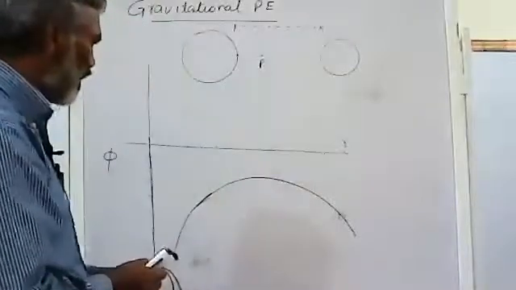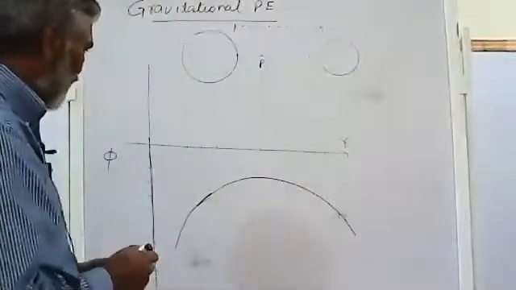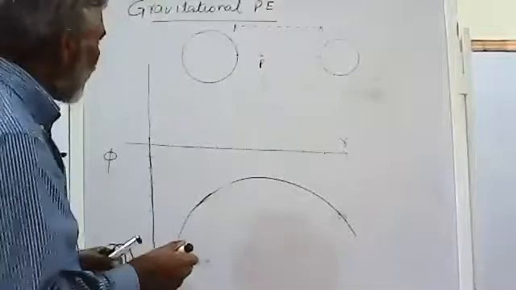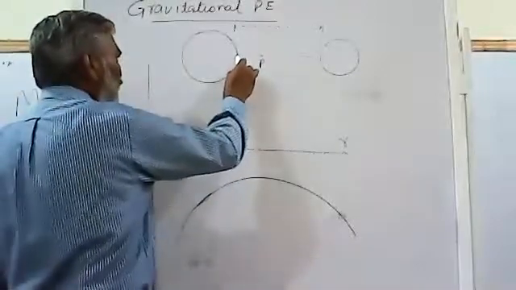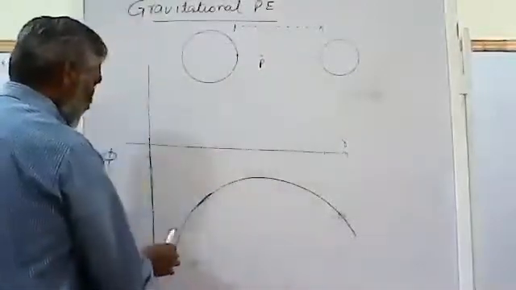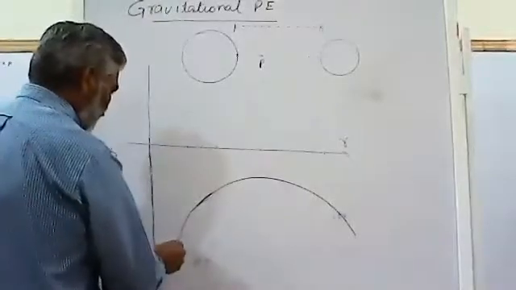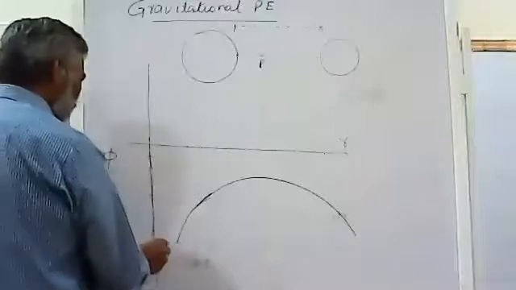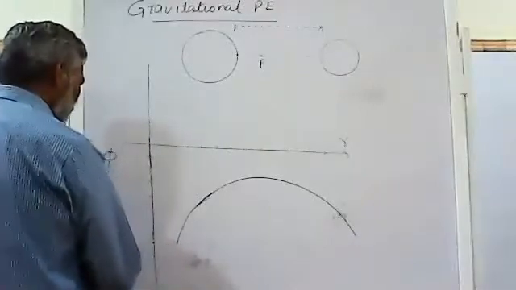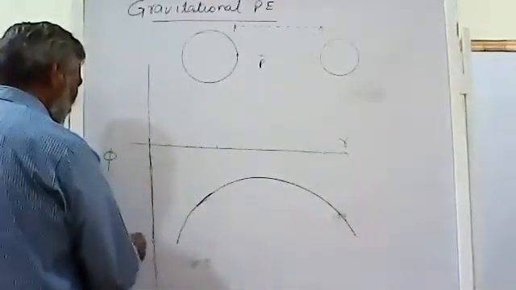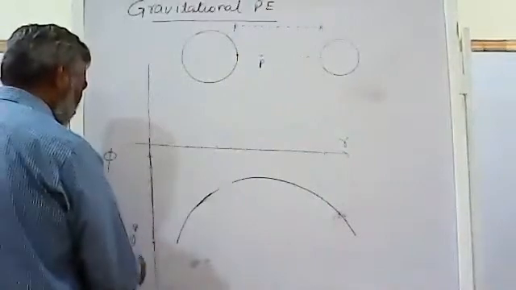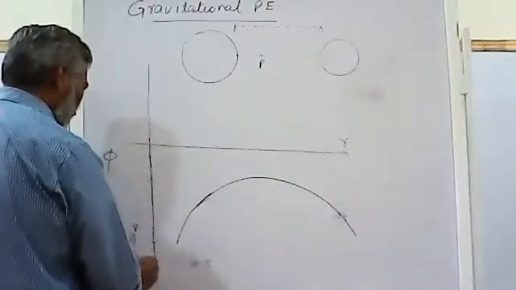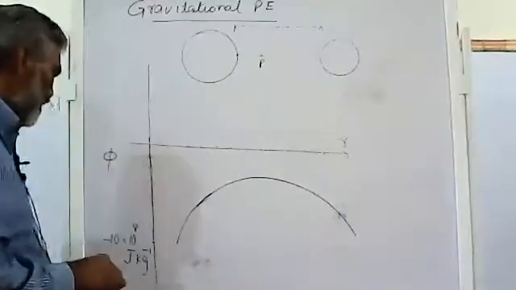So this is a curve showing the values of the gravitational potential energy. At the surface of this planet, the value is given, and let's say that value is minus 10 into 10 raised to the power 8 joules per kilogram, something like this.